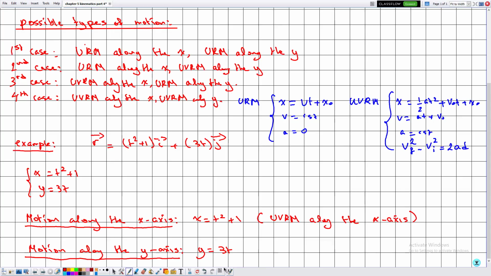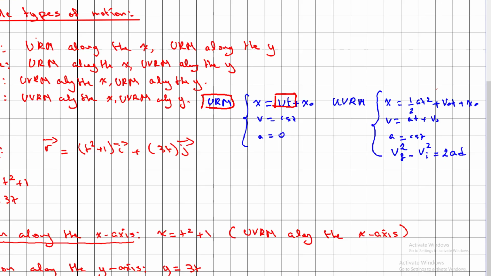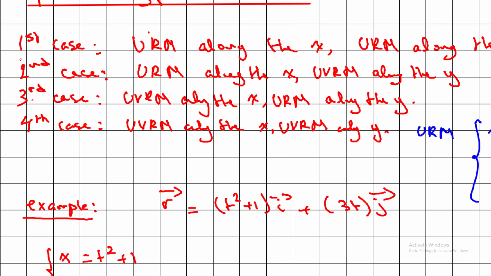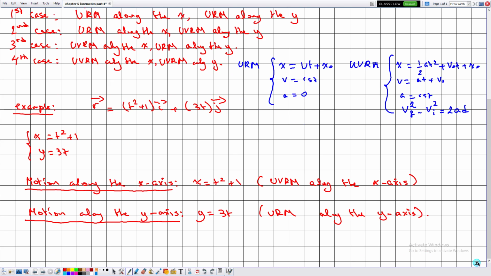Whenever the position is linear in time, the motion is URM. So URM along the y-axis. In this case, if we are UVRM along the x-axis and URM along the y-axis, then we are in the third case. But now how do we deal with this type of problem?